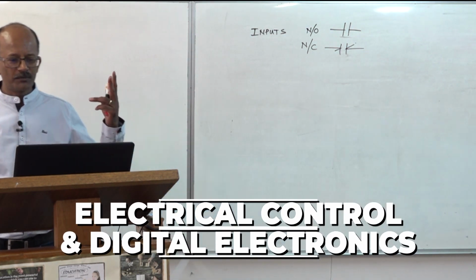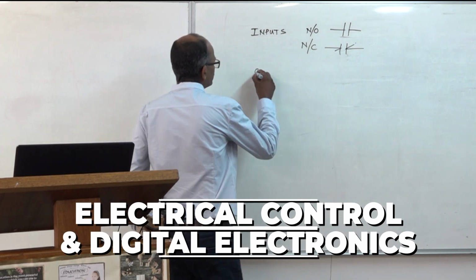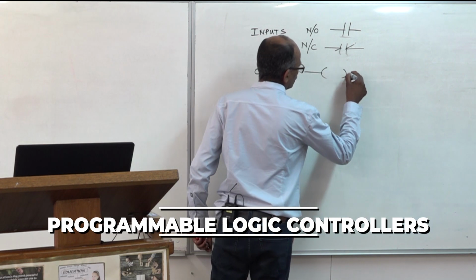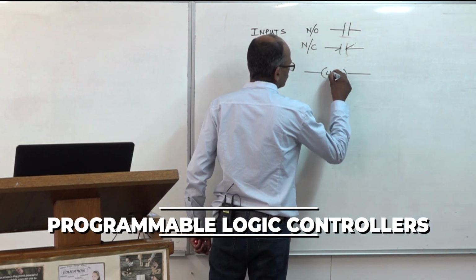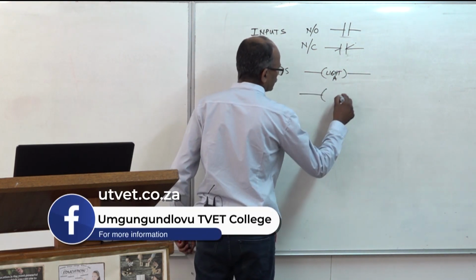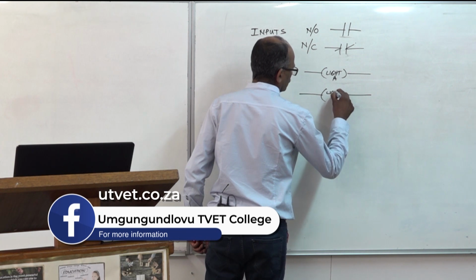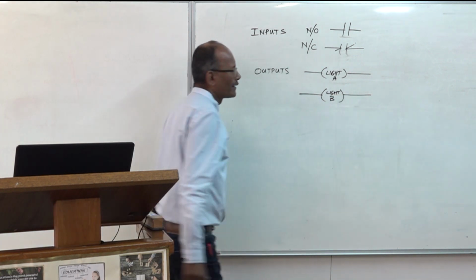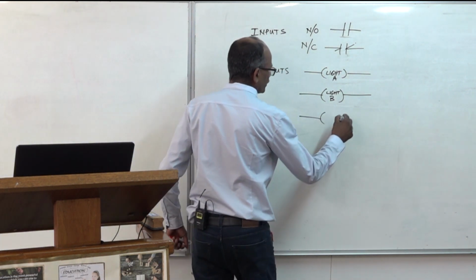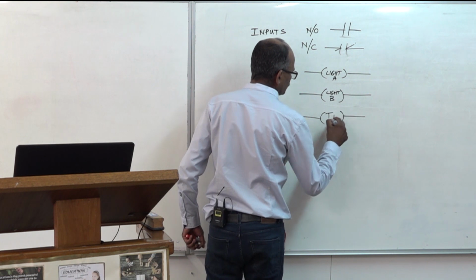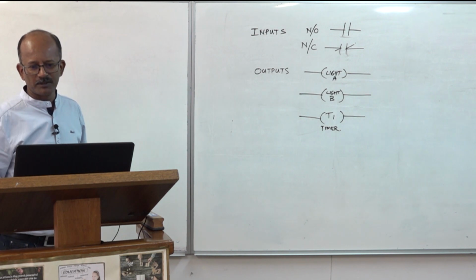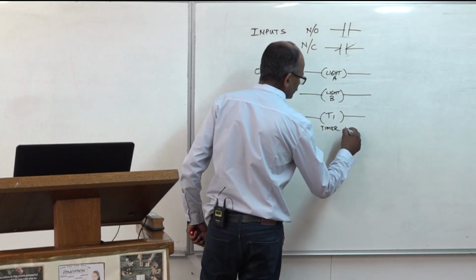I have 2 lights on my output, so my outputs, remember, I'm going to represent them as coils: light A and light B. And I also have a timer, all right? So timer will be an output, and we'll say T1 timer, and the time that it must time for is 10 seconds.